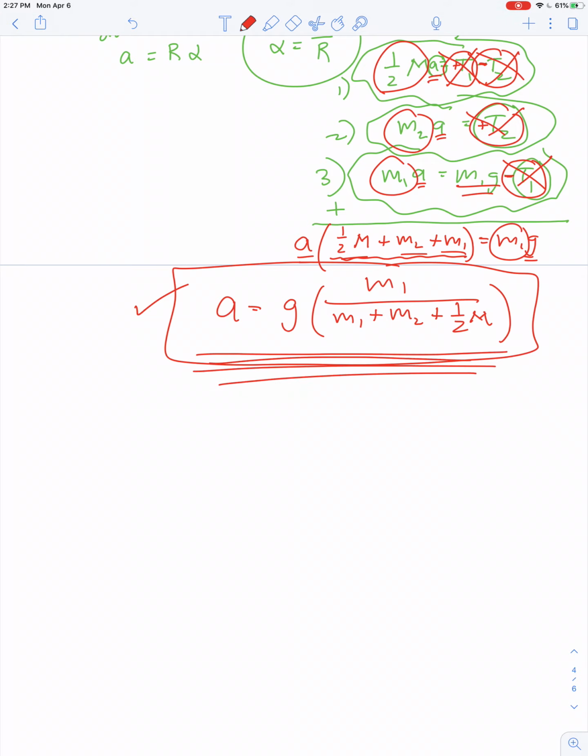In fact, I'd leave it up to you to, after you watch this video, get a couple of pieces of paper of your own and draw this modified version of the Atwood's machine, and this time replace the solid disc with a ring or a hollow cylinder or a hoop or whatever language you prefer.